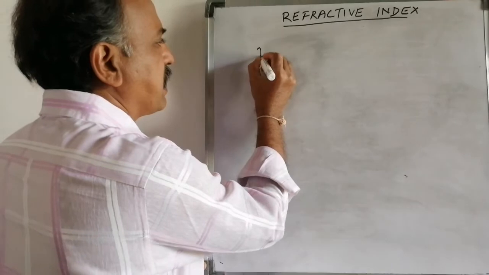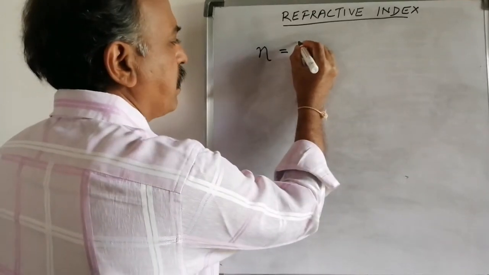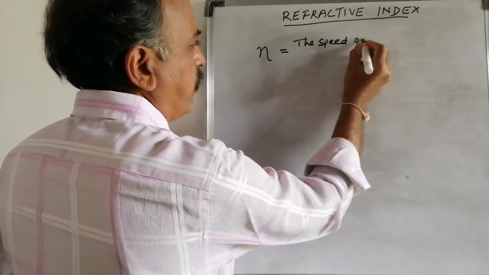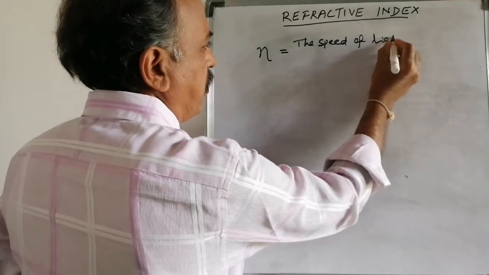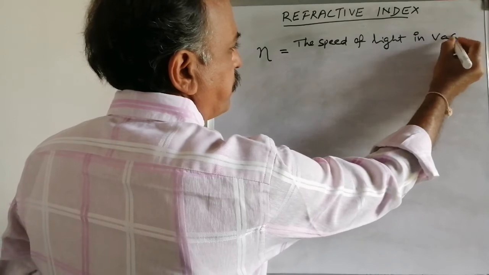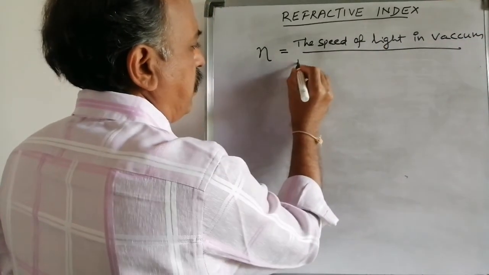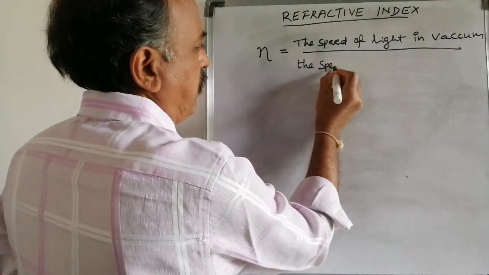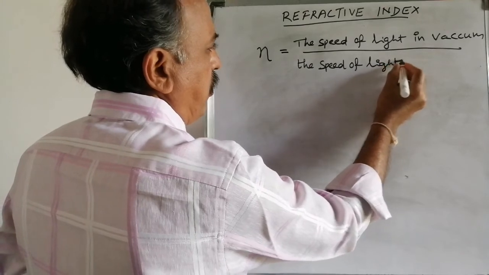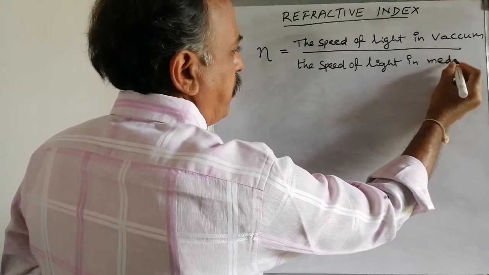The refractive index, indicated with n, is equal to the speed of light in vacuum divided by the speed of light in medium.